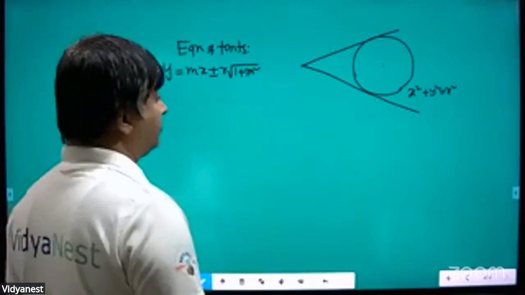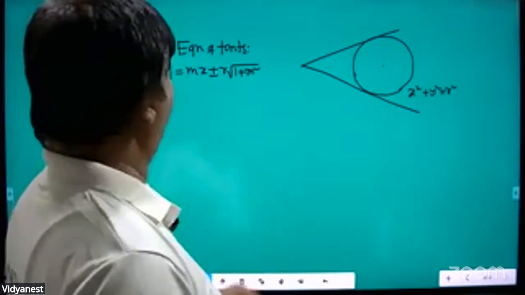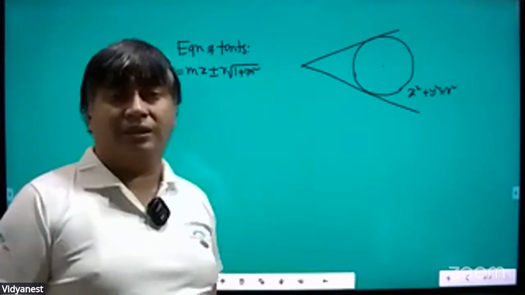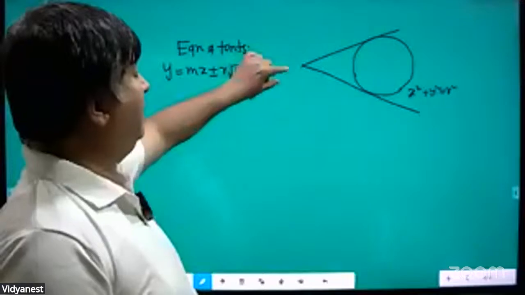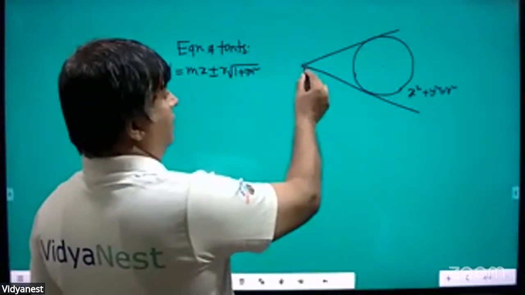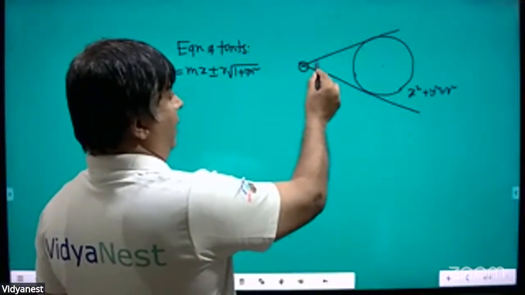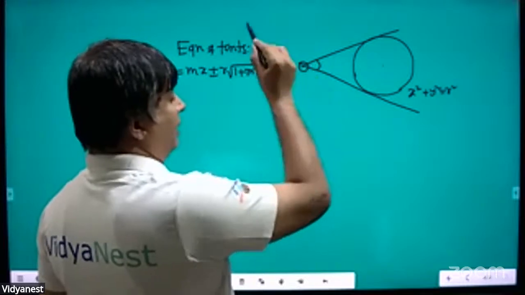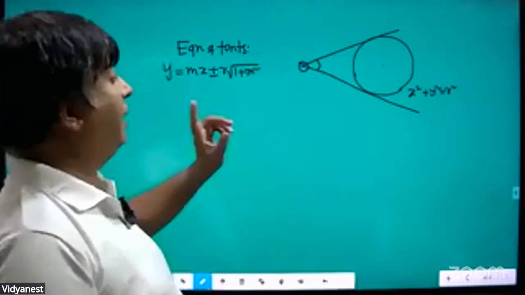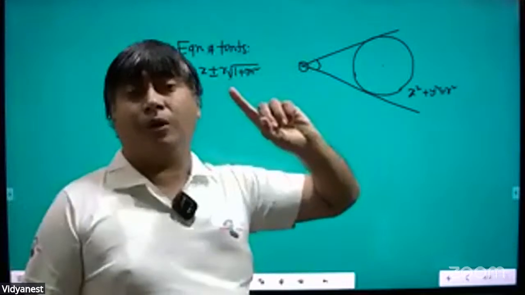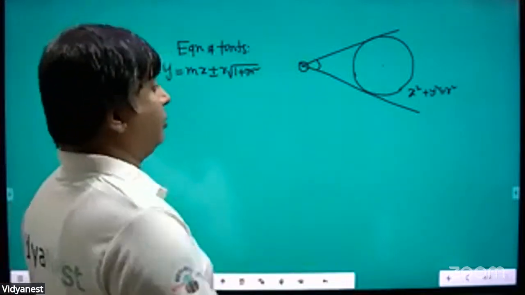Now, if the pair of tangents meet each other at 90-degree angle outside the circle, then locus of the point of intersection. So the topic is what?